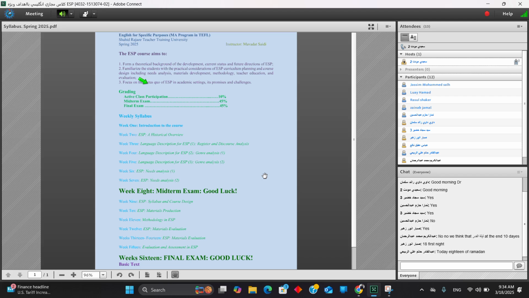Or consider a group of taxi drivers who work in Baghdad International Airport, okay? They want to know how to talk to the passengers. So they need a course in English because English is the international language so that they can communicate with passengers who come from different parts of the world.